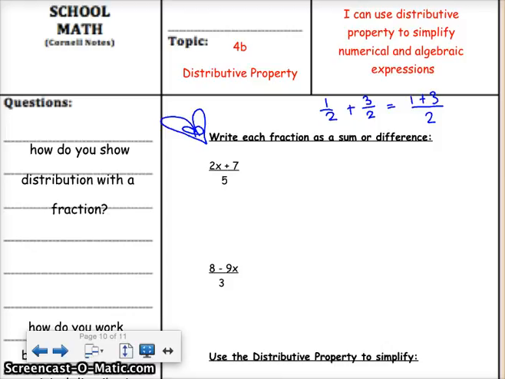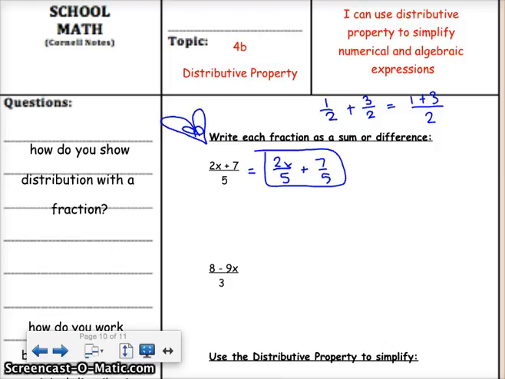Okay, now use your knowledge there that you agree with that. Then if I have 2x plus 7 all over 5, then what do the 2x and 7 share in common? The denominator of 5. So I can rewrite this as 2x over 5 plus 7 over 5. And that would be your final answer.